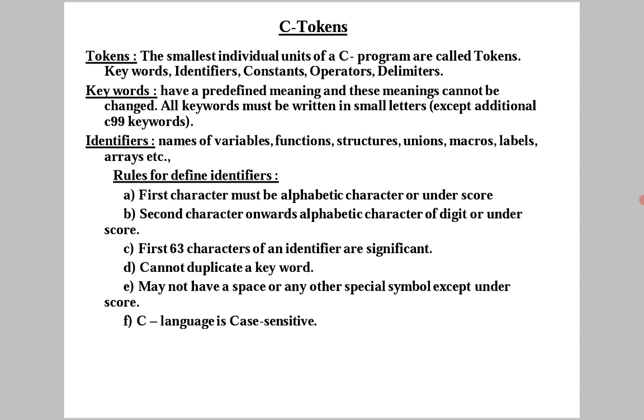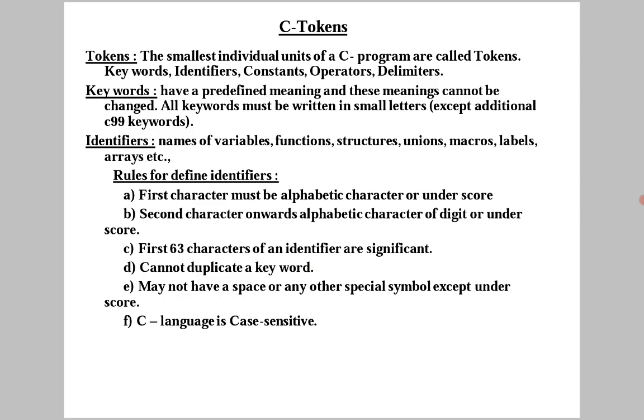Another topic we already discussed in the previous classes is C tokens, or tokens of the C language. What is a token? The smallest unit of a C program is called a token, the basic unit of a programming language.